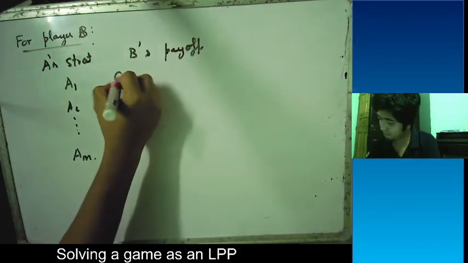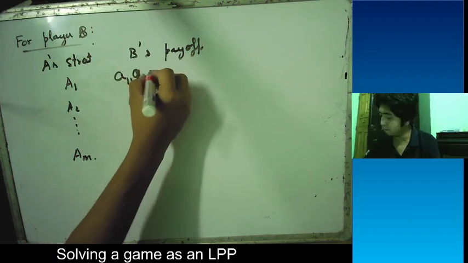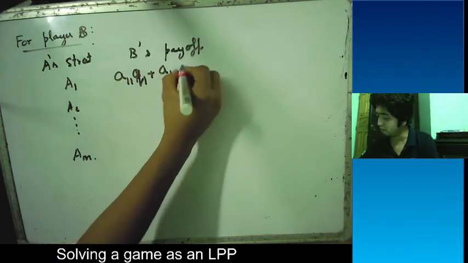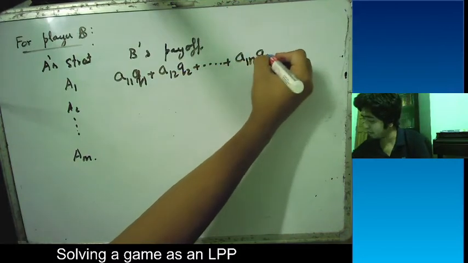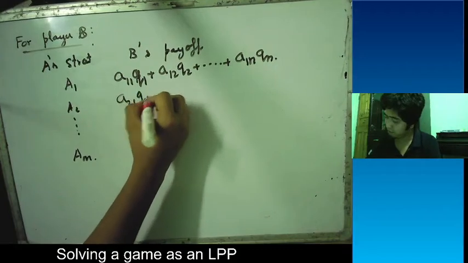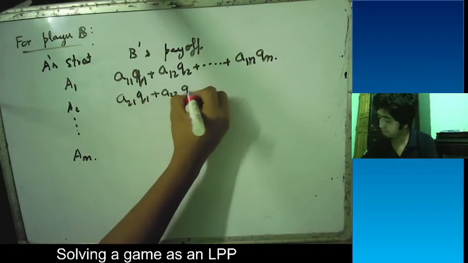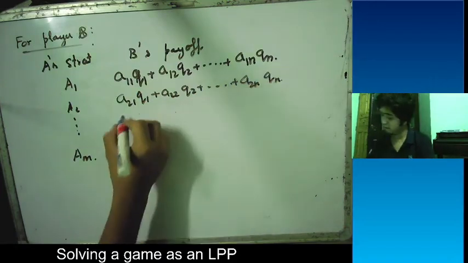Now the row will be a11 q1 plus a12 q2 plus up to a1n qn. Similarly, over here we have a21 q1 plus a22 q2 plus up to a2n qn.